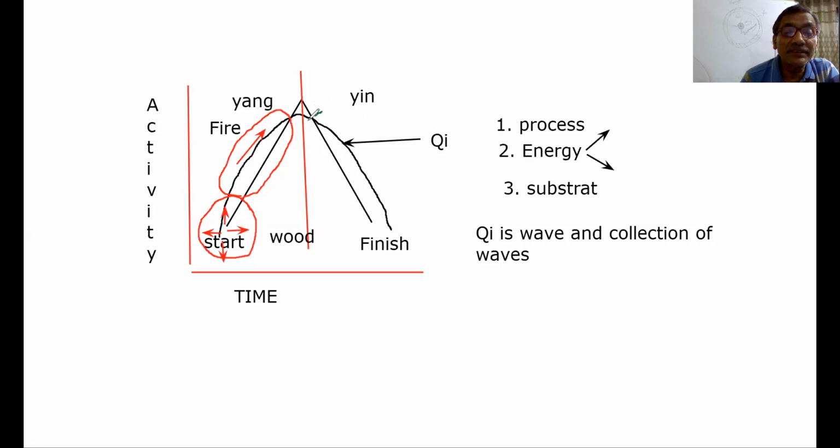So you will see that it tries to maintain the activity. It tries to keep on moving as it was moving at the peak. Whatever it was, it does not want to change. It wants to continue to move. It does not want to budge, it does not want to compromise, it does not want to go sluggish.